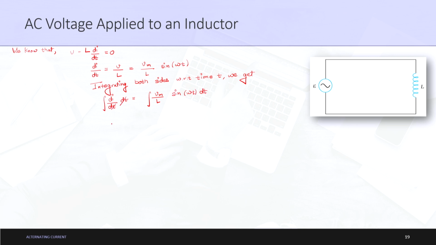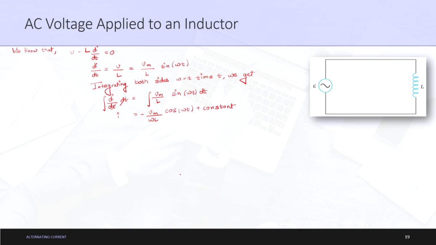So, this dt gets cancelled, and the integration of di is I, which is equal to Vm by omega L, minus, because the integration of sin is minus cos omega t, and then plus a constant. So, this was the equation I already derived in the last lecture 1 part 3.